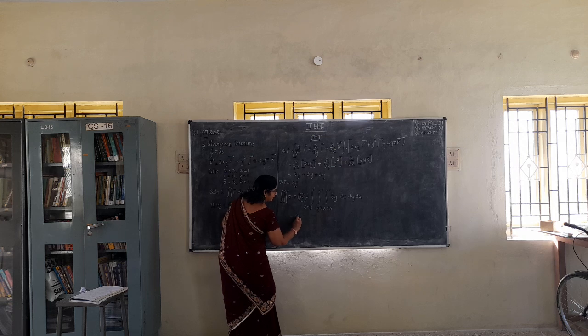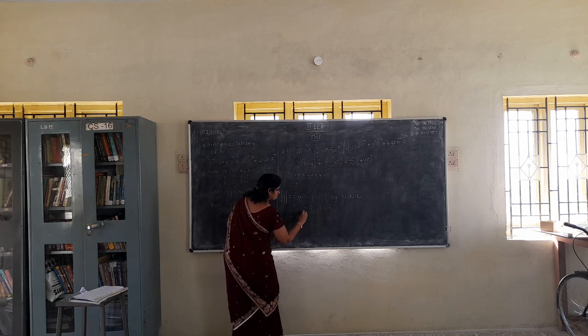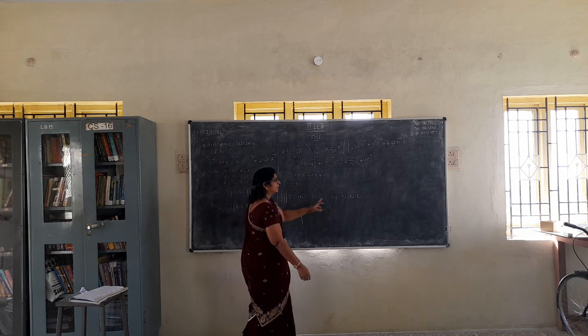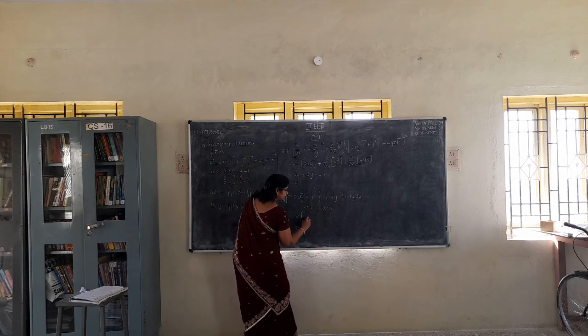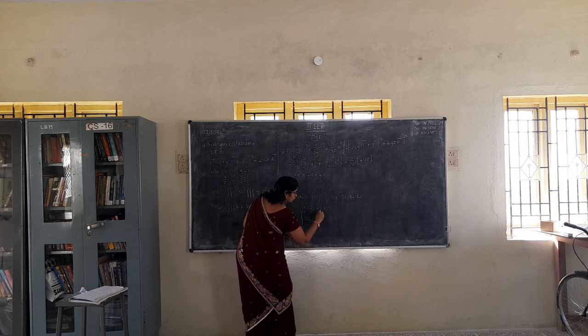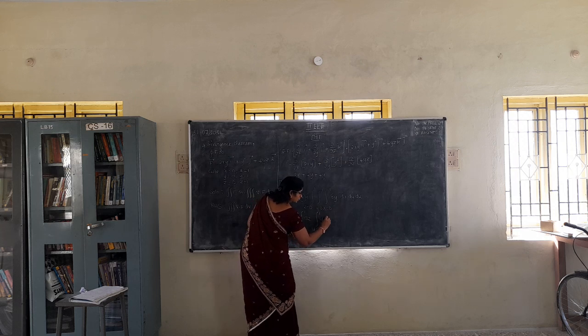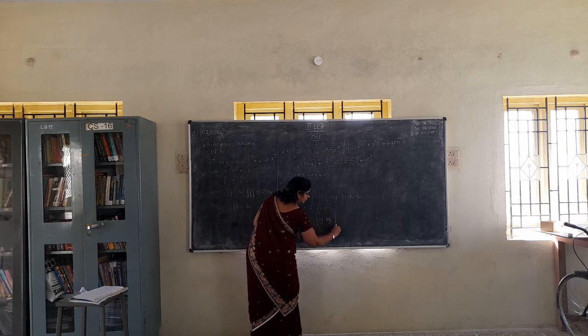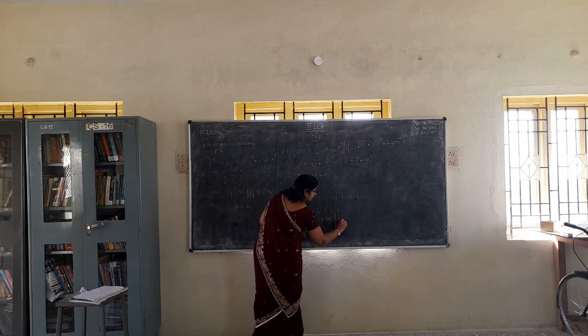So here 8 can be taken as common. Z value 0 to 1, dz. Y value 0 to 1, y dy. Then x value 0 to 1, dx.